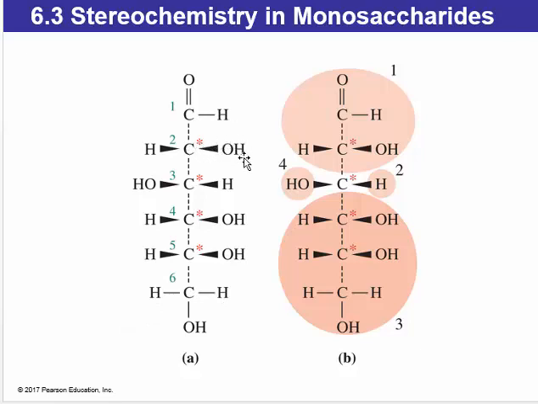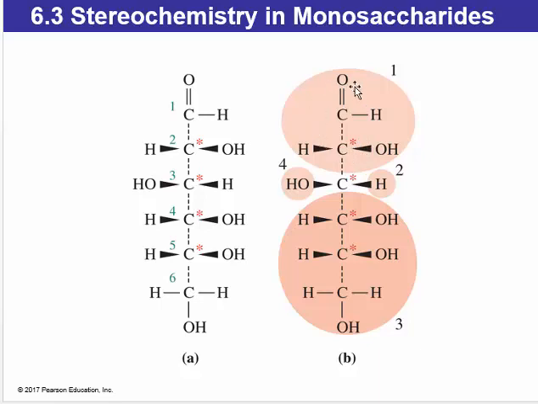It's bonded to this alcohol functional group and hydrogen, and then an aldehyde functional group, and then the 4-membered carbon chain here. So 4 different groups. If we look at carbon 3, it's also bonded to 4 different groups, and to the right, those 4 different groups are highlighted.